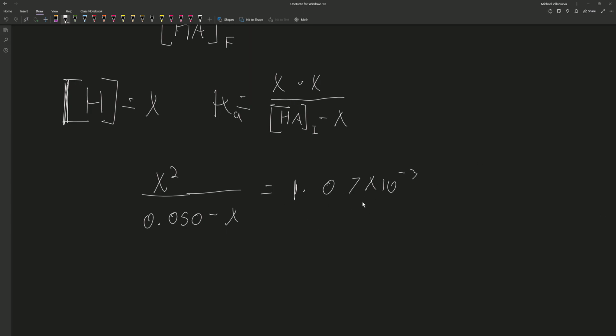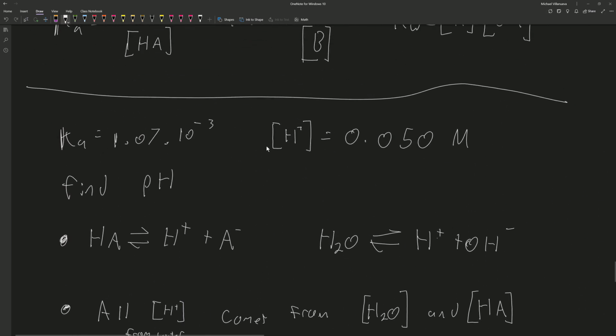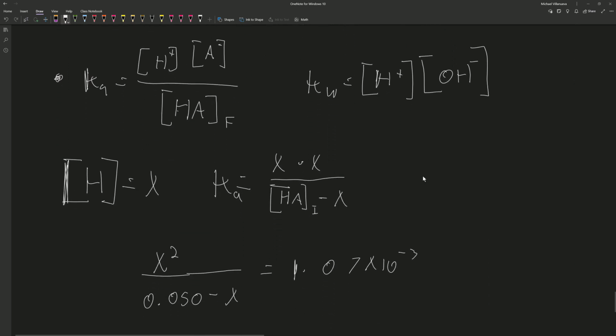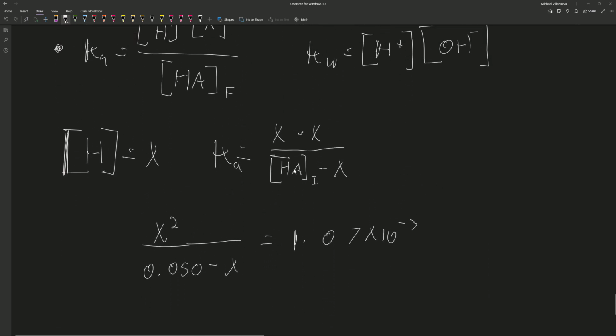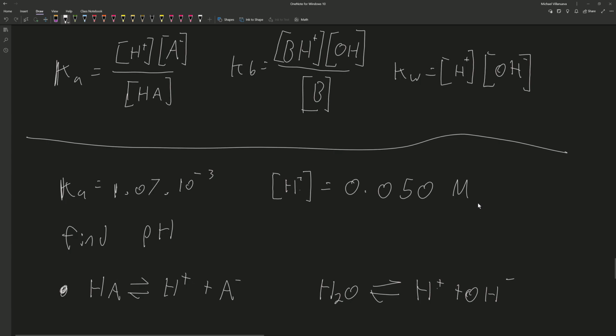So this value, this 1.07 times 10 to the negative 3, we were given at the start. We were also given the initial concentration of the acid at the start. So this is the initial concentration of the acid. Oh, I say HA.